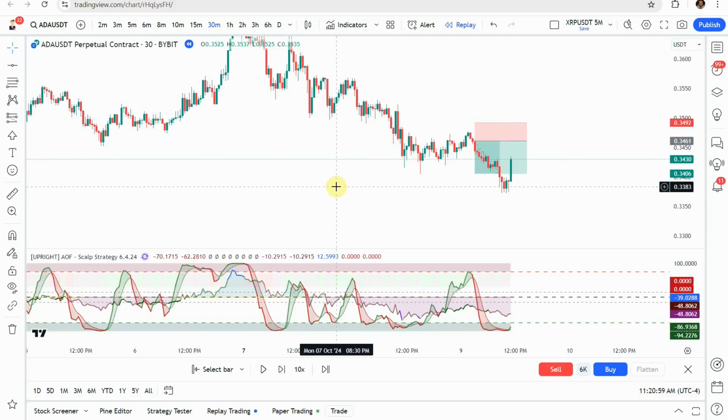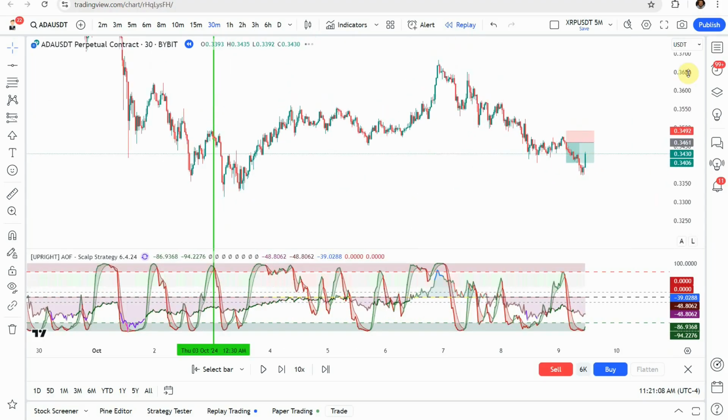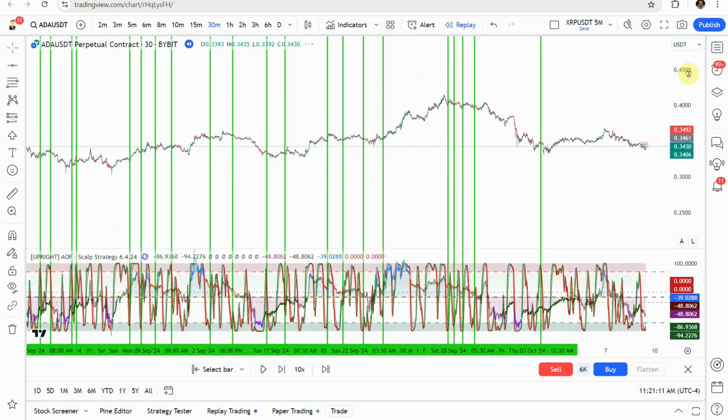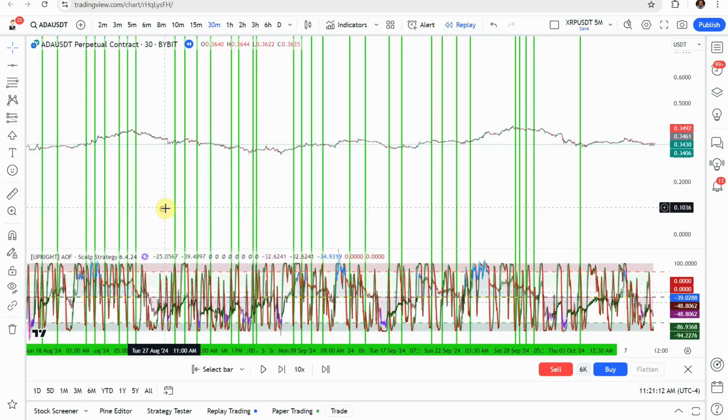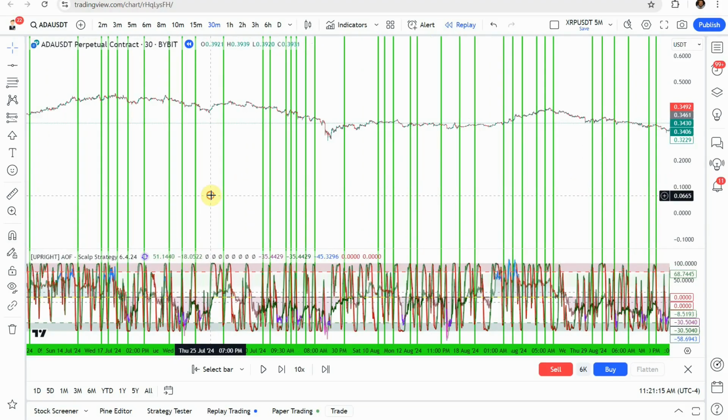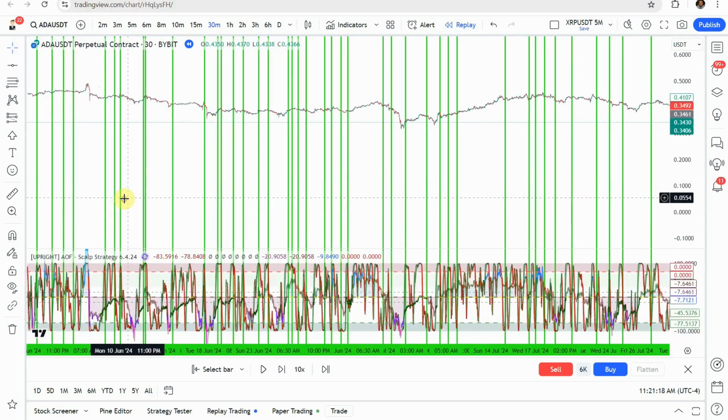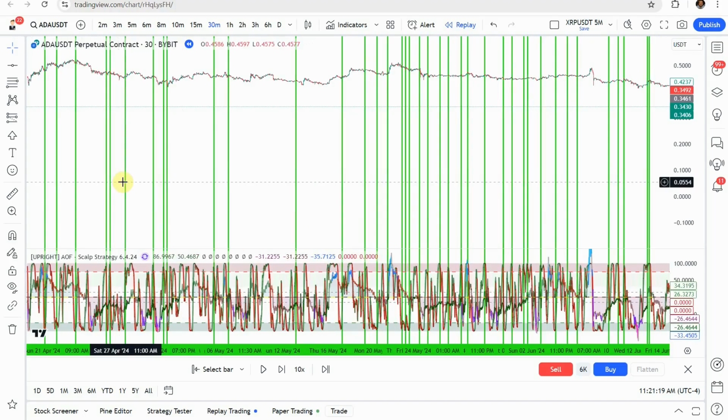So basically the beginning of this year, to see how many trades you would have taken within this year, how many winning trades and how many losing trades, again using this strategy and the position management strategy. And you can see here the back testing marks that I did here. So got quite a few results there.